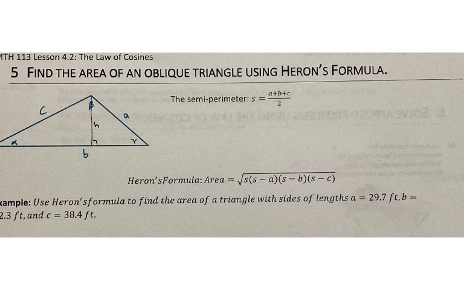Before, we found the area when we had 2 sides and the angle between. That's what we did yesterday. We did one half times the 2 sides times sine of the angle between.